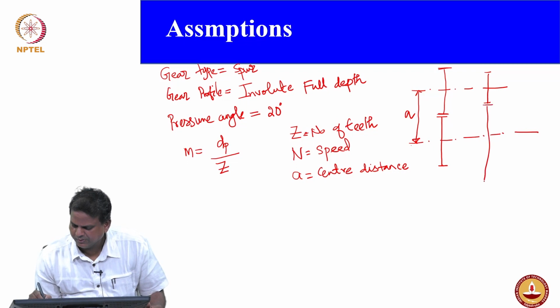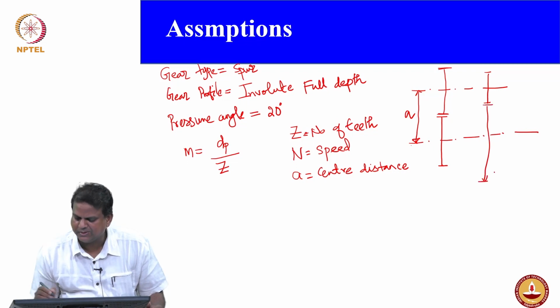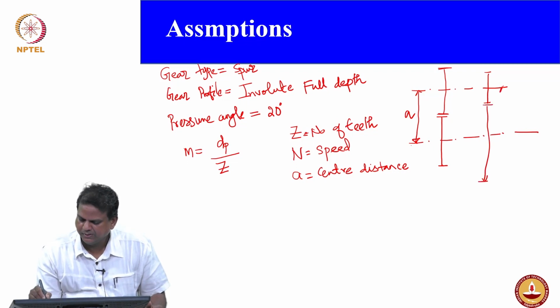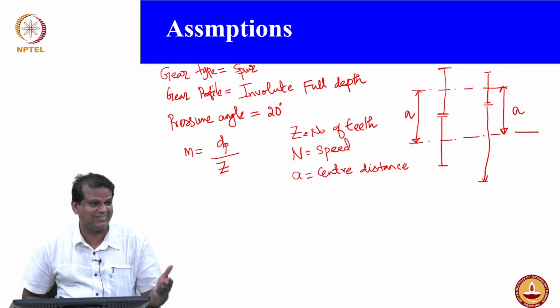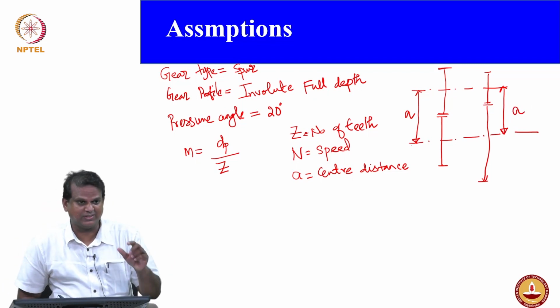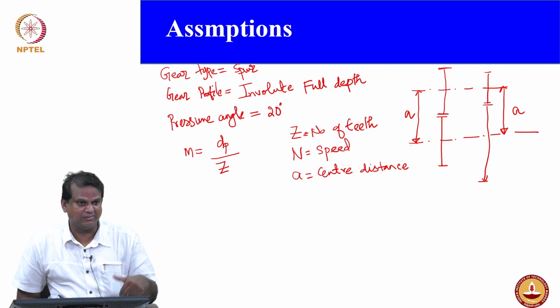What happens to the center distance here? Would you expect it to be different or the same? It should be the same, otherwise you can't have a transmission. That is the reason the center distance is very critical.